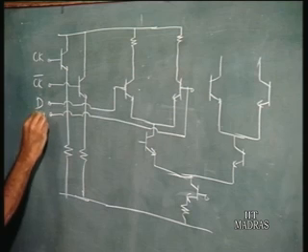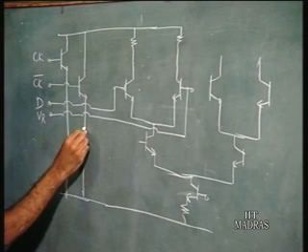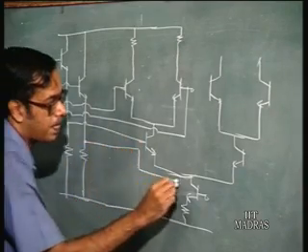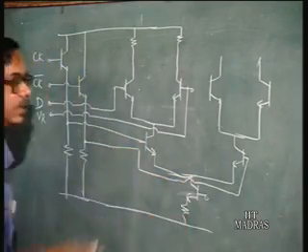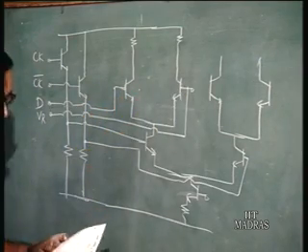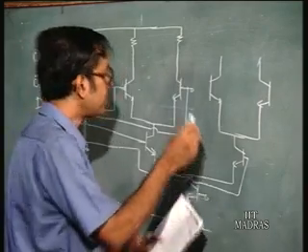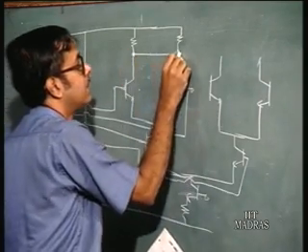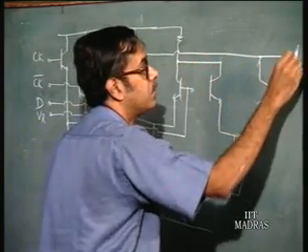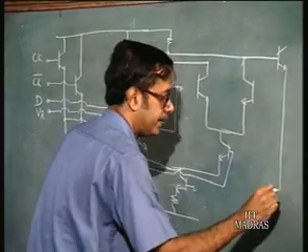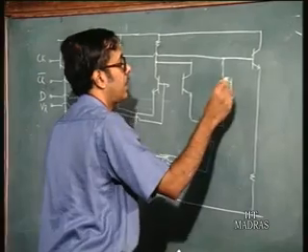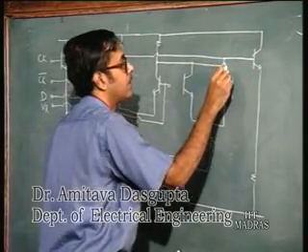VR. The clock, one of the inputs goes here and the other input goes here, clock bar. So, you have clock and the other is clock bar. Here you have D and VR, the reference voltage, and here you have this one going here, this one going here, and then these outputs again go to emitter followers, and you have one more emitter follower here.